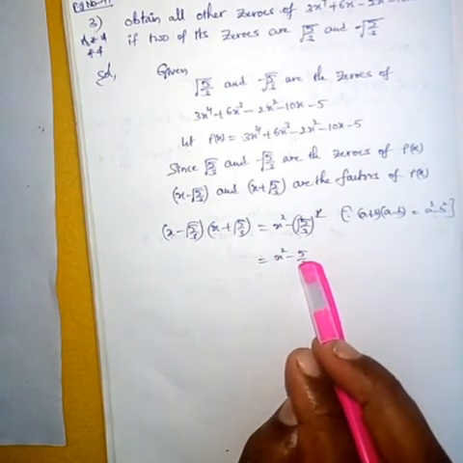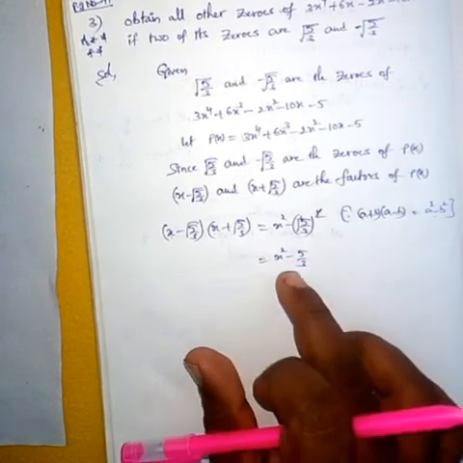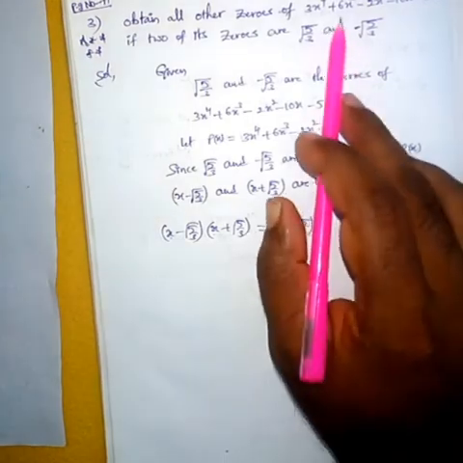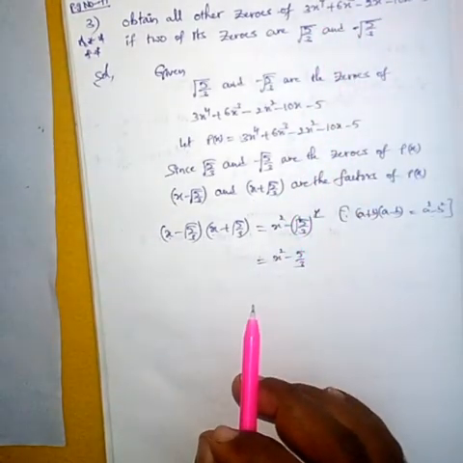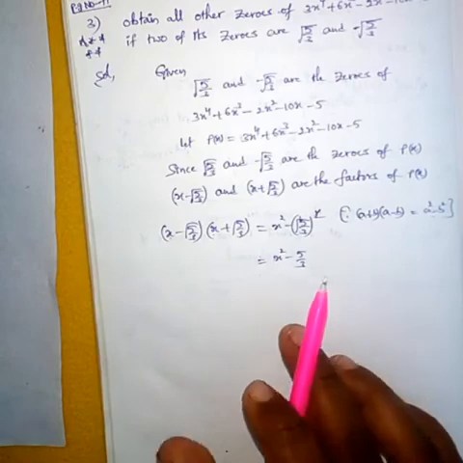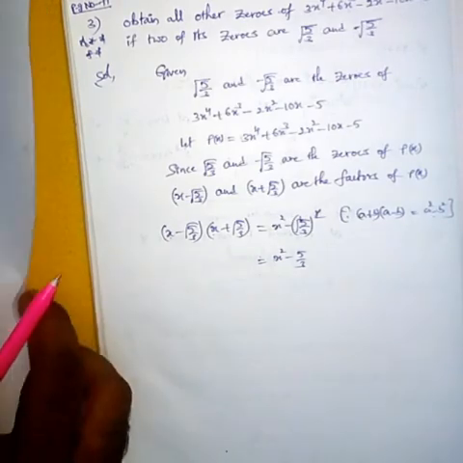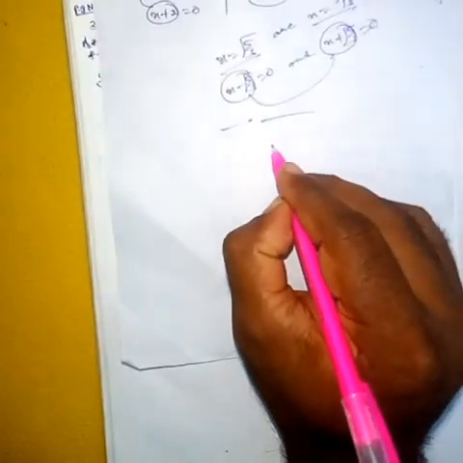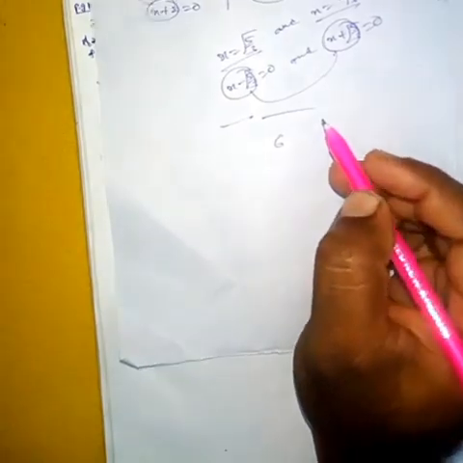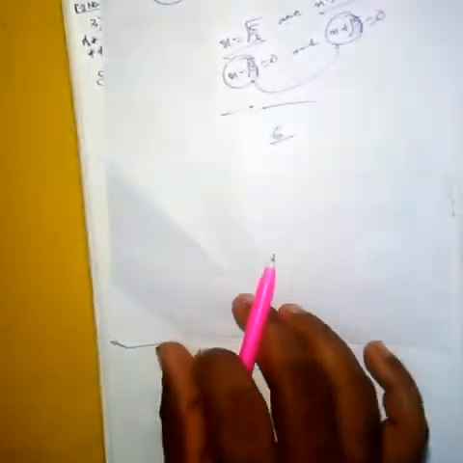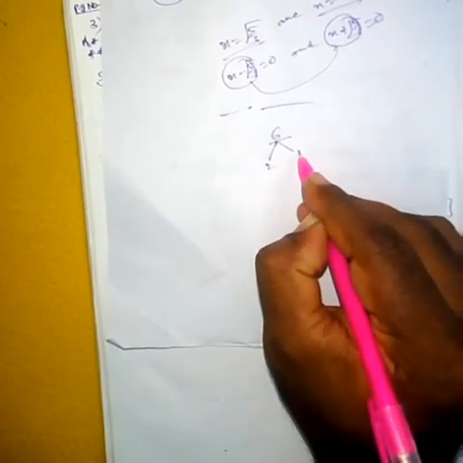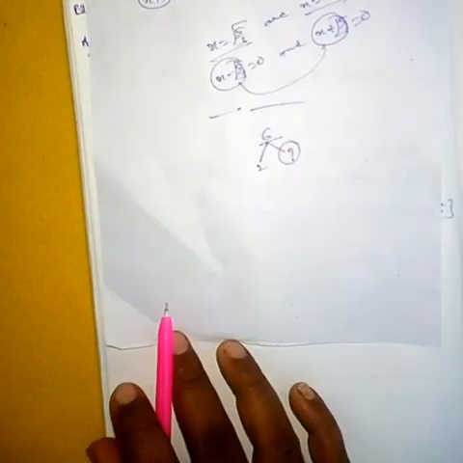By using this polynomial you can get the other zeros of p of x. Let me explain how it is possible, with one example. You have a number 6 and one of the factors of 6 is 2, and you are asked to find the other factor.